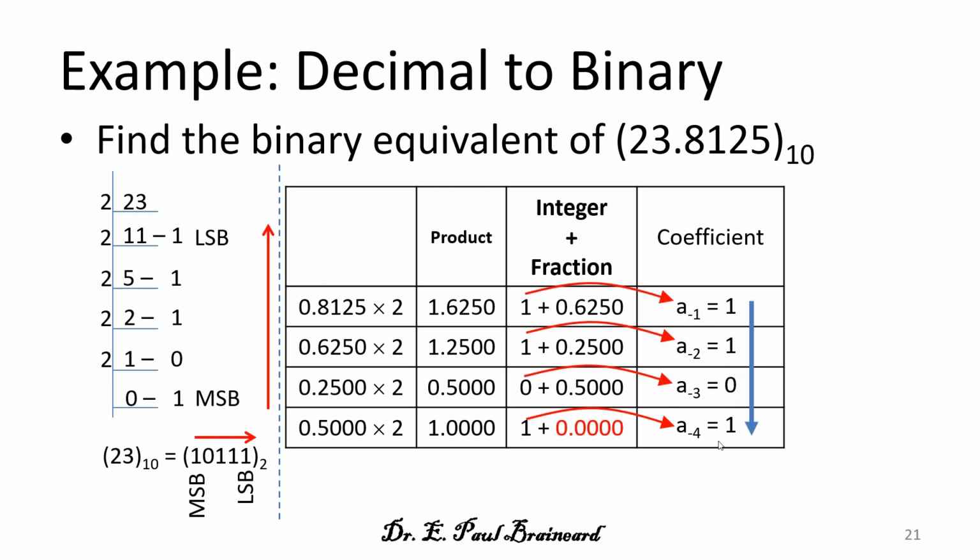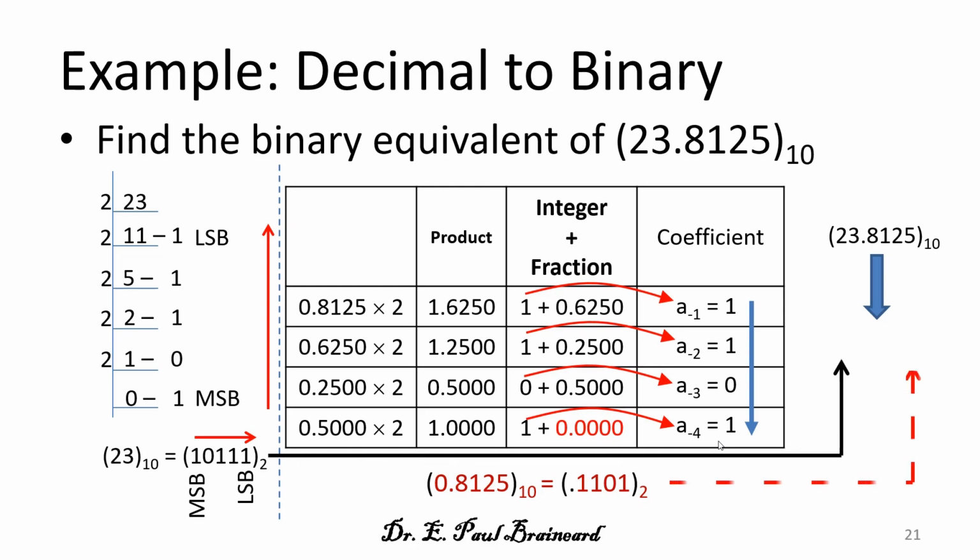Now 0.8125 decimal number is equal to 0.1101 binary number. Combine both of them. 23.8125 decimal number is equal to the integral part conversion and fractional part conversion results put together, which is equal to 10111.1101.